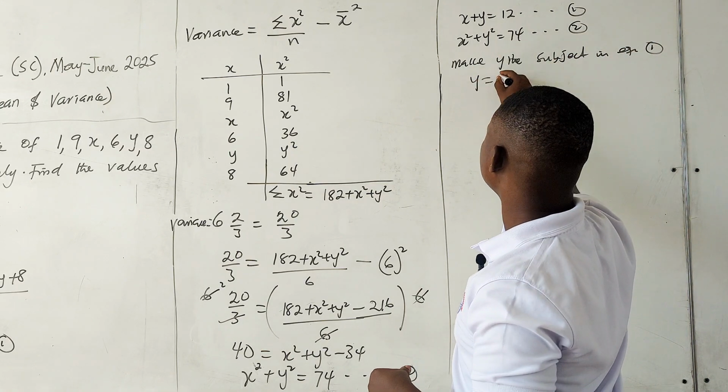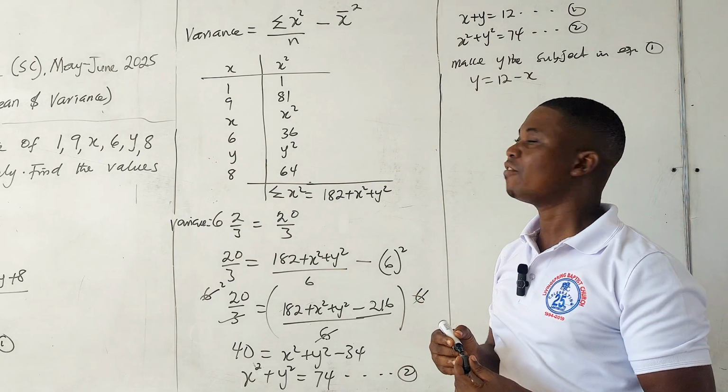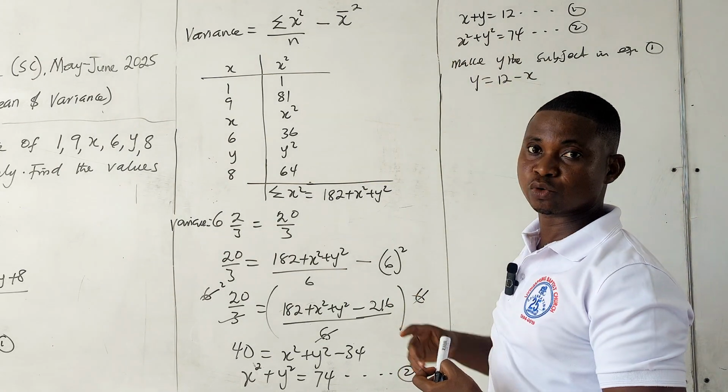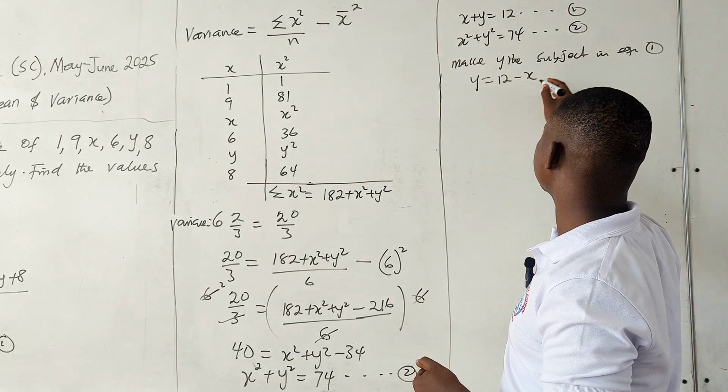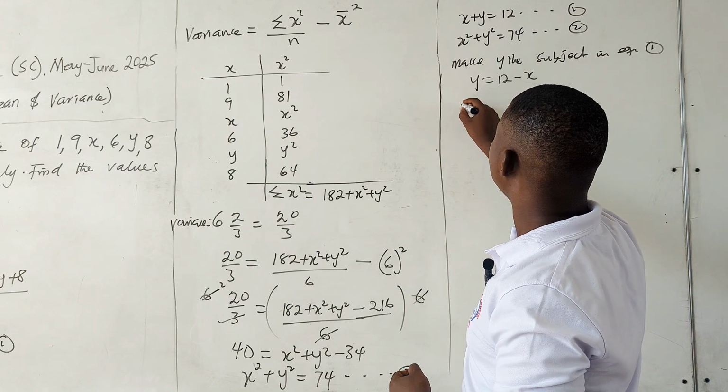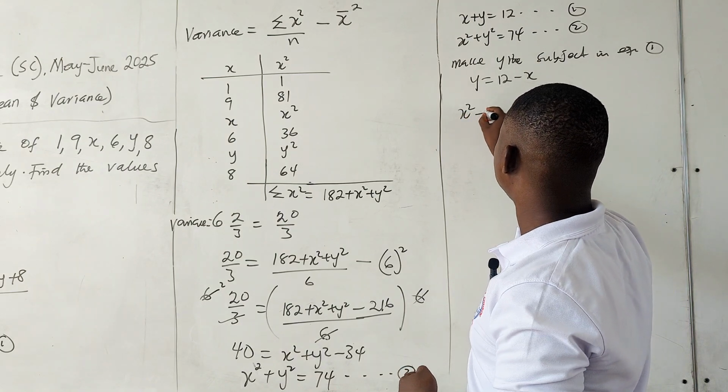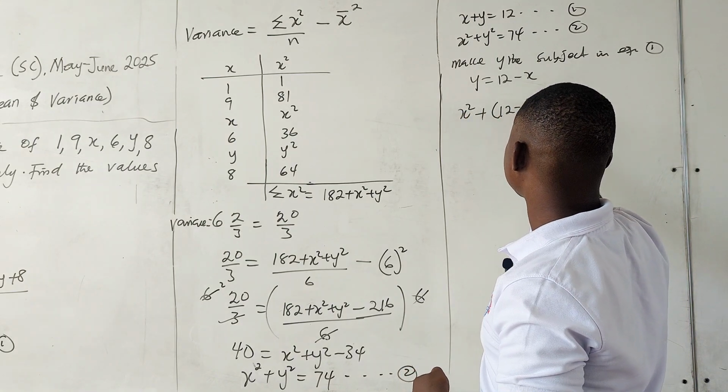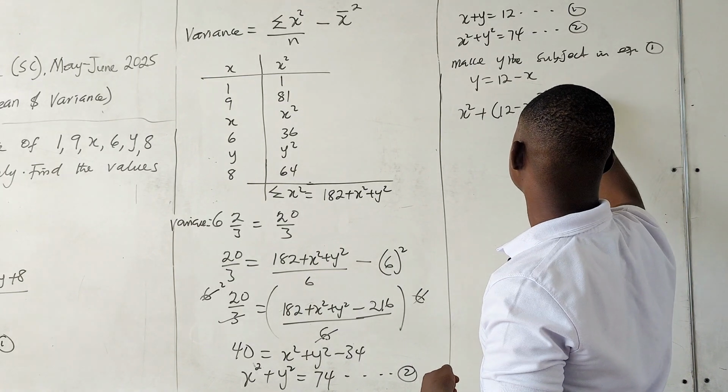So y will give me 12 minus x. Wherever I see y, I substitute 12 minus x into the second equation. So we have x squared plus 12 minus x all squared is equal to 74.